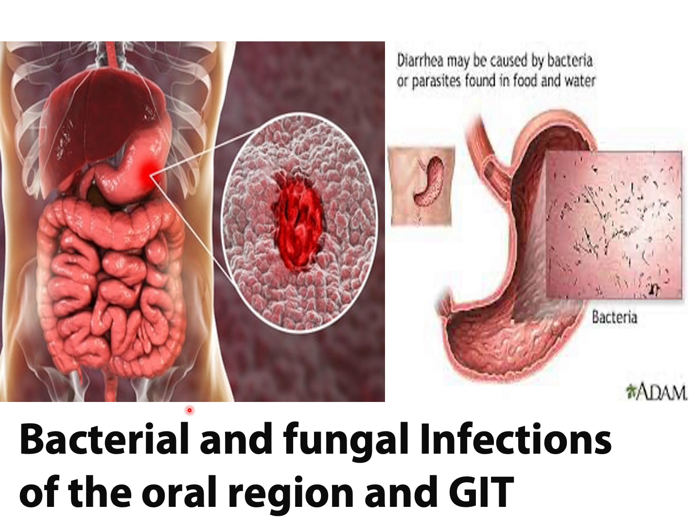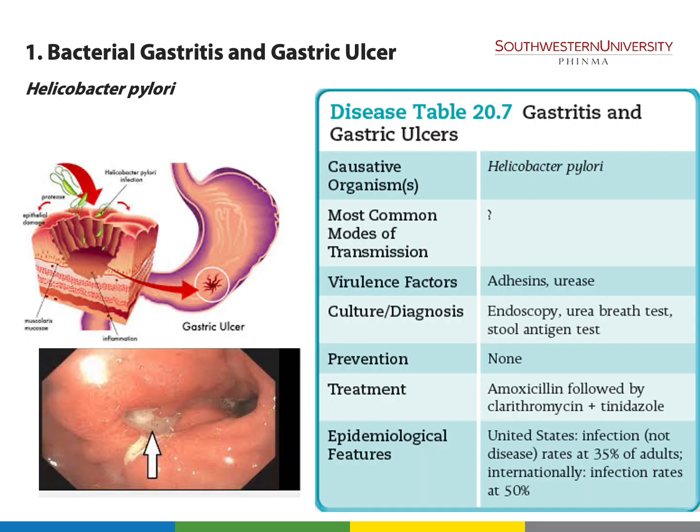Now let's go to bacterial and fungal infections that affect the oral region and the gastrointestinal tract. Number 1 is bacterial gastritis or gastric ulcer. Bacterial gastritis and gastric ulcer are caused by a bacterium known as Helicobacter pylori. Gastritis is experienced as sharp or burning pain emanating from the abdomen.